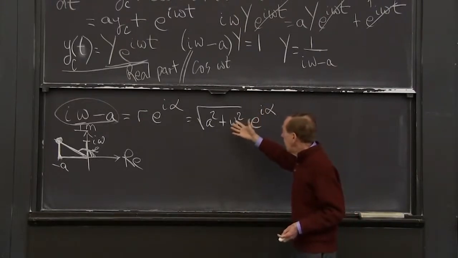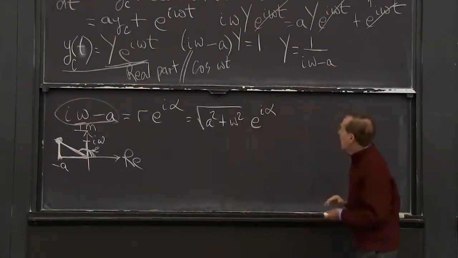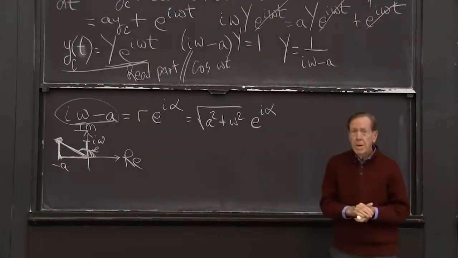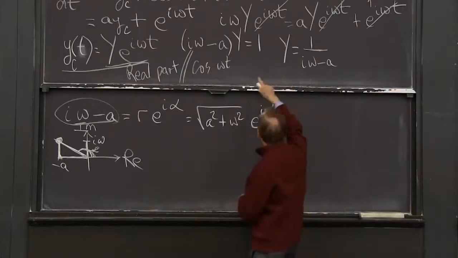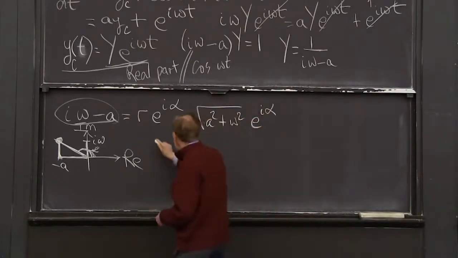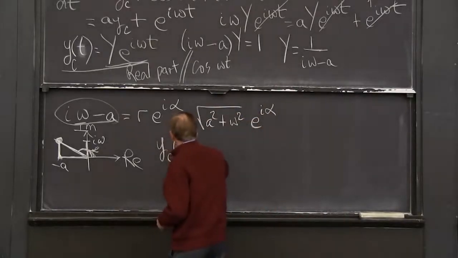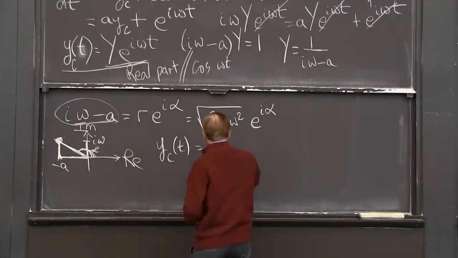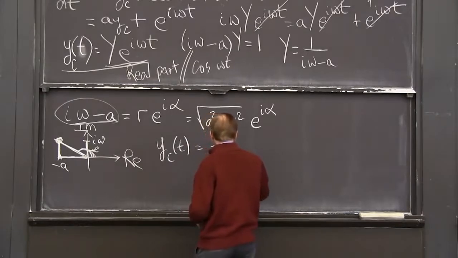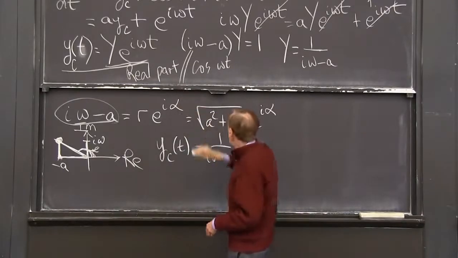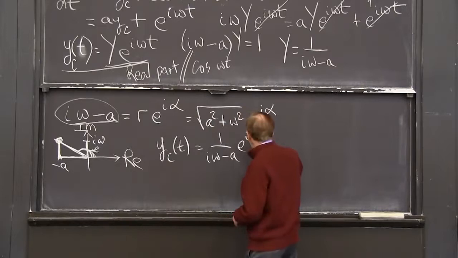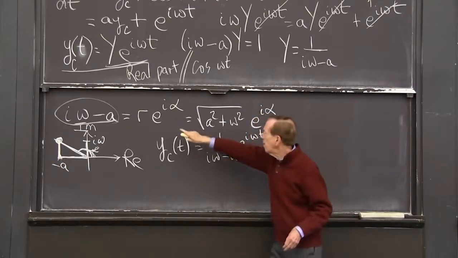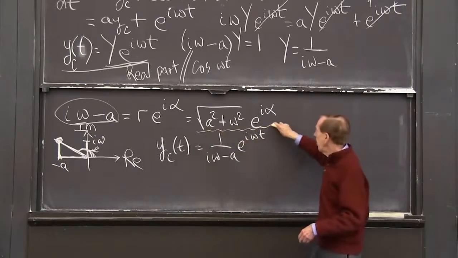Okay, so now I had to divide by that. That's why I like this form. Dividing by it, now I'm ready to put in my complex y. Y complex was this y, which was 1 over i omega minus A, and e to the i omega t. That's what we had. But now i omega minus A we have in this nicer form.